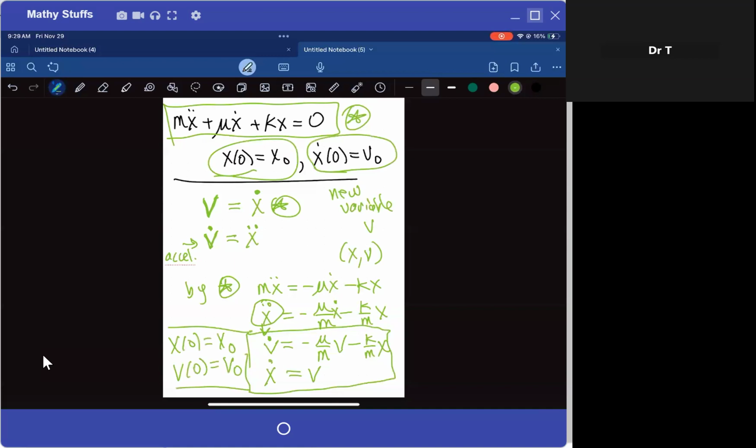Now, the way this generally goes is if I had a third order equation, so something with a third derivative in it, I would end up with 3 equations, each of the first degree. So you can use this method to convert any higher order system into a lower order system. The trade-off is for each derivative level you want to represent, you need another dimension.